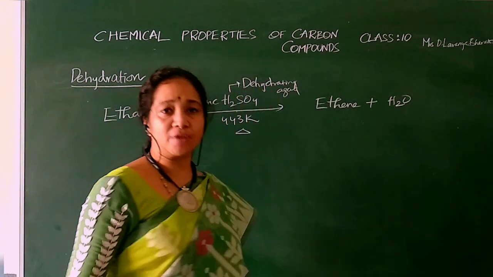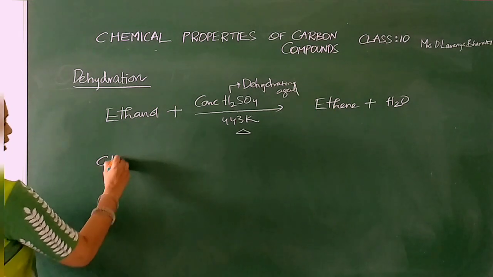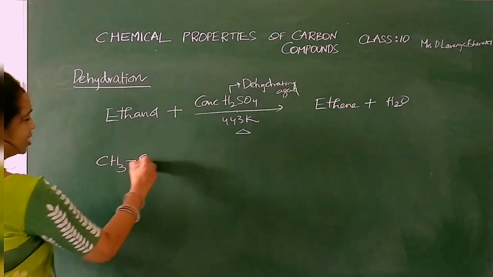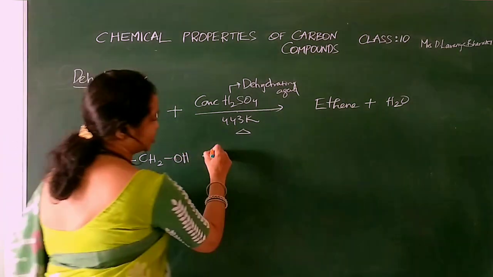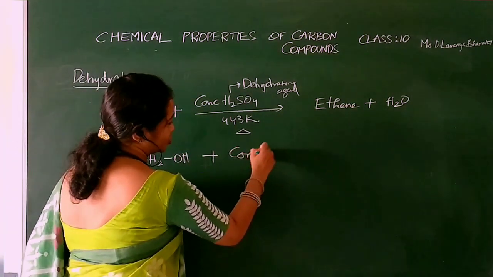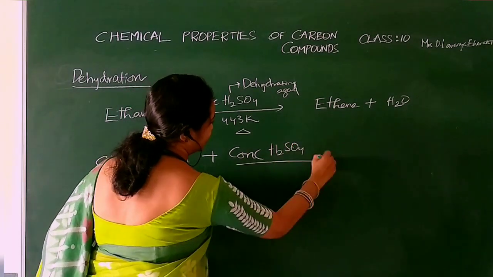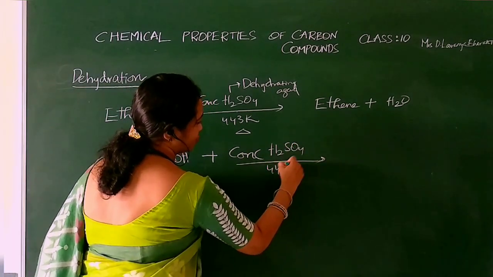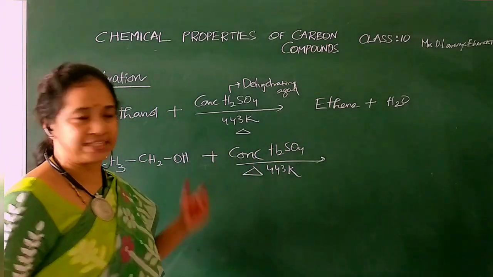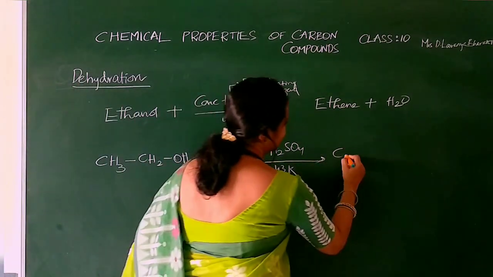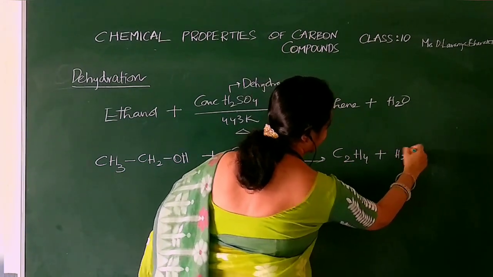So elimination of water molecule. Now coming to ethanol. What is ethanol? How do we write it? CH3CH2OH. This when it is strongly heated with concentrated sulfuric acid at 443 Kelvin, this delta mark tells that we are heating the mixture. Then you are getting C2H4 plus H2O.